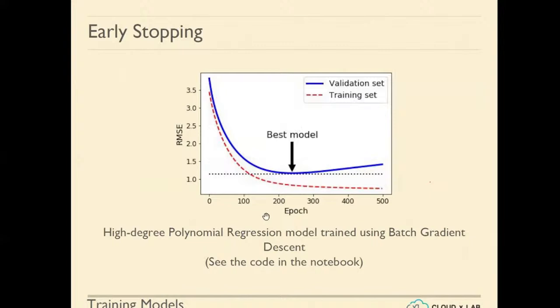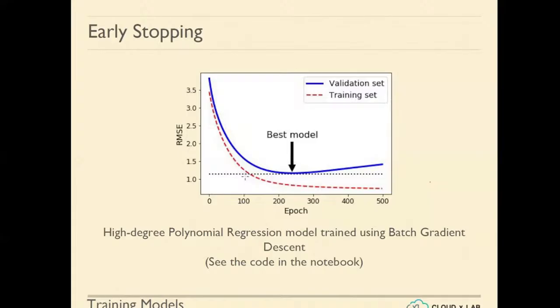So what you can do is, in each epoch, calculate the RMSE error, the training error, and store these three things. Let's say you are at epoch 100. At epoch 100, you will calculate the validation error, the training error, and store the model that you have at epoch 100, right?